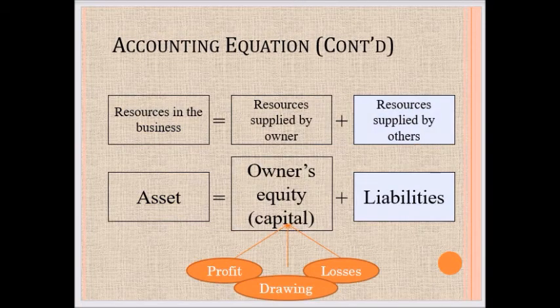So when you expand that equation, the resource in a business is an asset, resource supplied by the owner is owner's equity, and you plus with resource supplied by others, liability, the debt. So this is generally the business transaction.